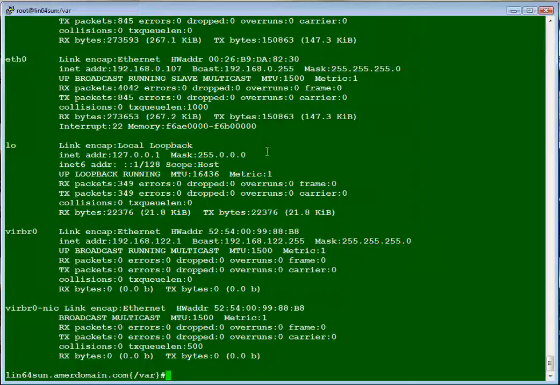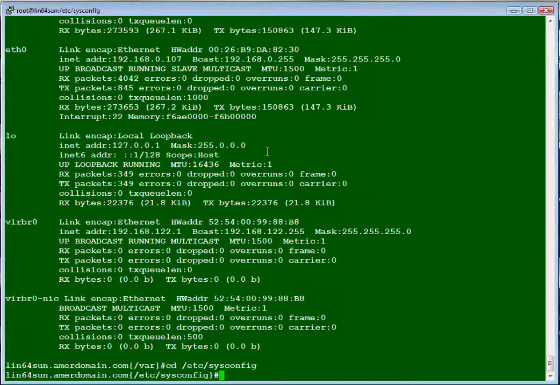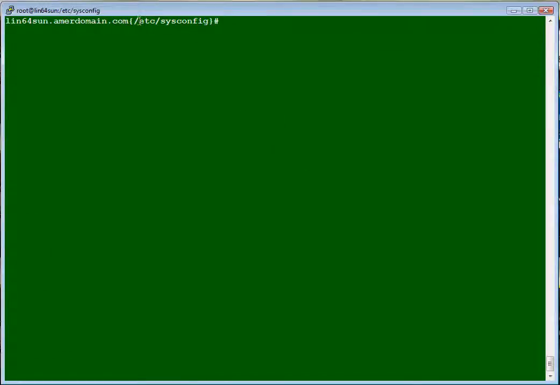Now let's see where the configuration file for this is. If you go to /etc/sysconfig, this is actually an important directory. It contains a lot of configuration files for the remaining services.